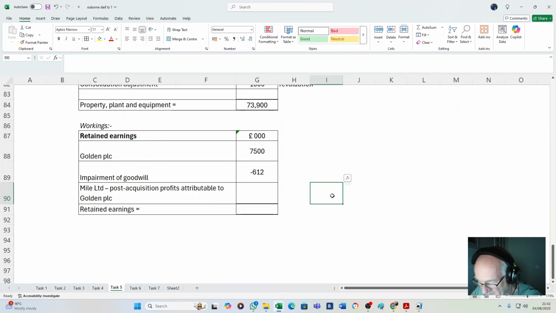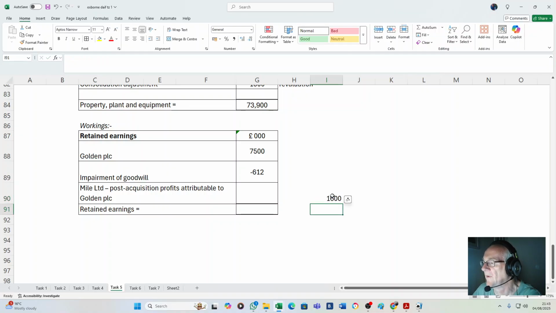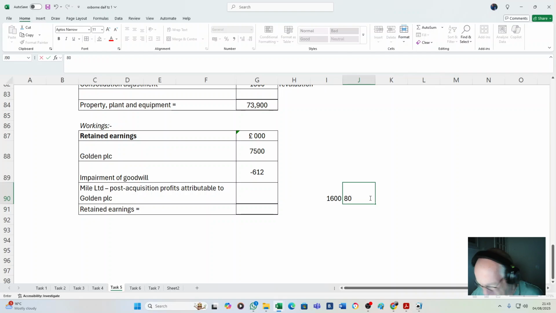So, okay, this is the first sum. We know it's at the moment, and it was when they bought them. So they've made 1.6 times, and they are the parent company.